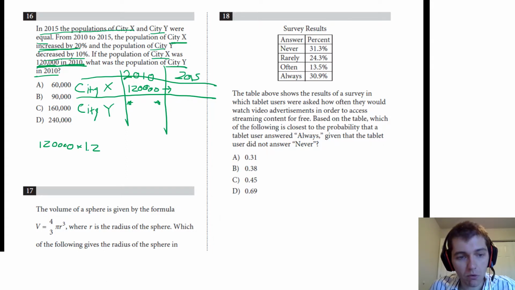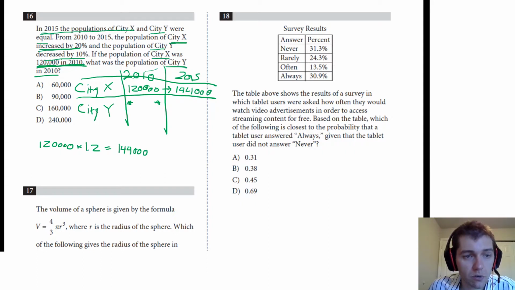The population growth was 20%, so it's 1 plus 0.2. This is the calculator section, plug it in, you'll get 144,000.